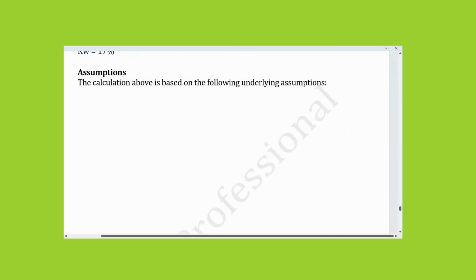The first assumption is that, let's talk about business risk. Remember what I told you when I was giving you the note under project specific, that it is assumed that both the main company and the proxy company have similar business risk. So our assumption is that the two of them have similar business risk. That's why you are borrowing the beta of a proxy company.